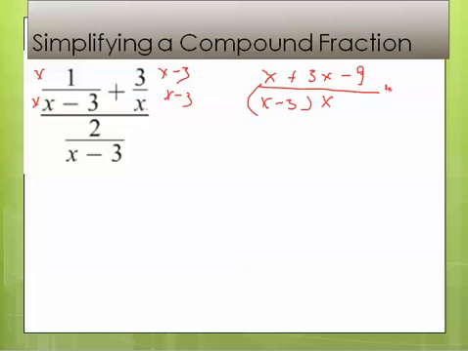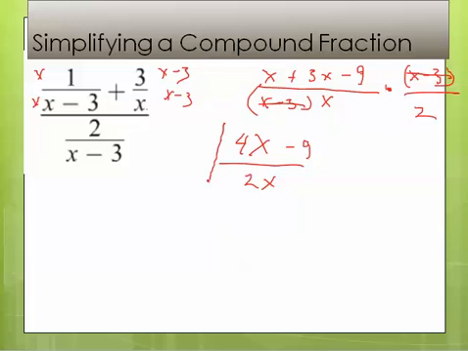I'm going to multiply this whole thing times x minus 3, that's convenient, over 2. The x minus 3's are going to cancel out, right? And I've got 4x minus 9 divided by 2x. Final answer.